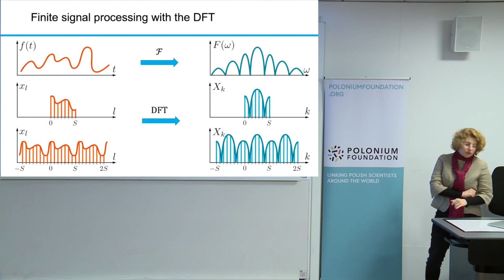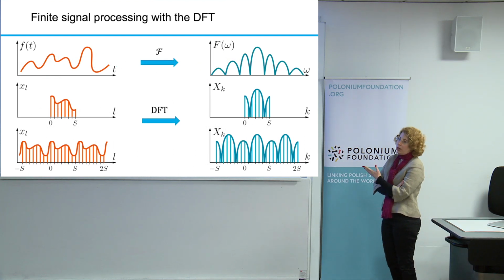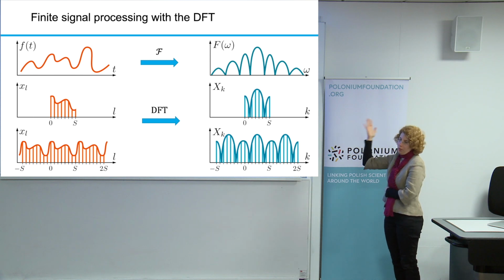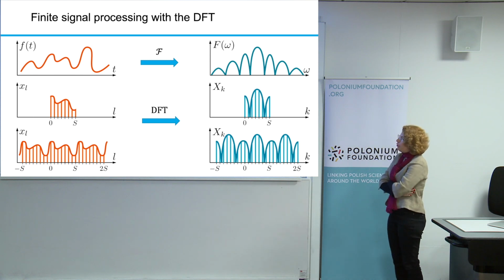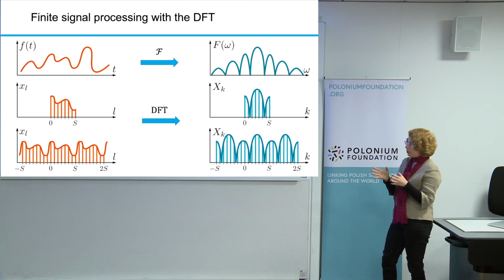What is the result? If we have a continuous function f(t), we expect its Fourier transform to be something continuous over the domain. But if we use the DFT for a finite amount of data, its Fourier transform also should be finite.